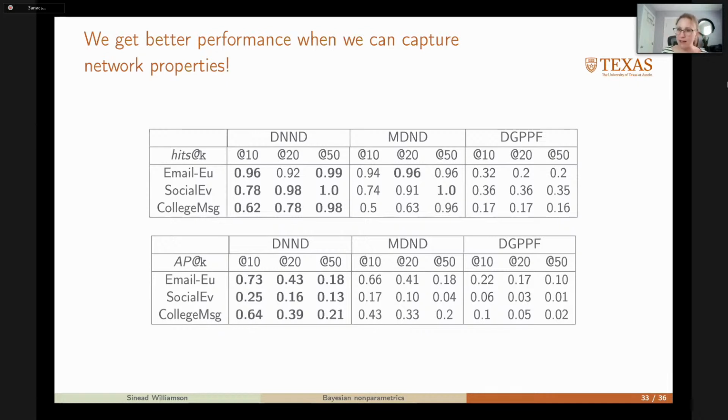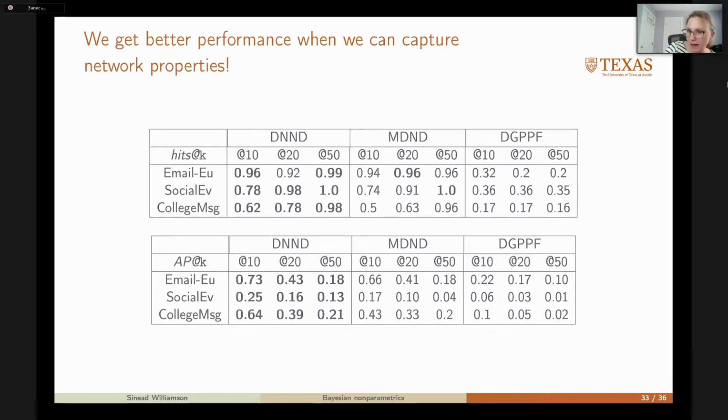We had 3 networks that evolved over time. One is a set of emails, one is a social network, and the other is an interaction network from college students. We looked at a couple of performance measures, hits at K and average precision at K. These are basically higher is better, for seeing how well we can predict what's going to happen in future.